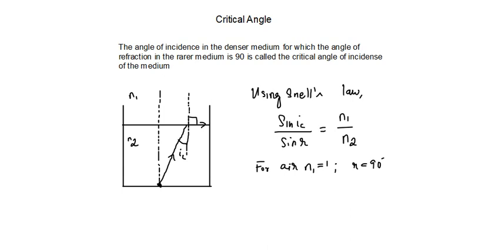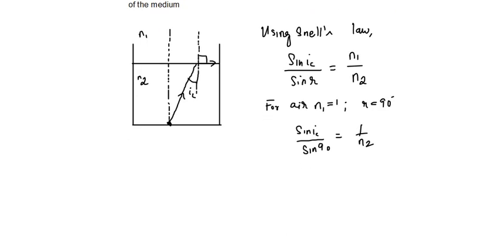So sine of IC by sine 90 equals 1 by N2, which implies sin IC is equal to 1 by N2. This is the relation for the critical angle.